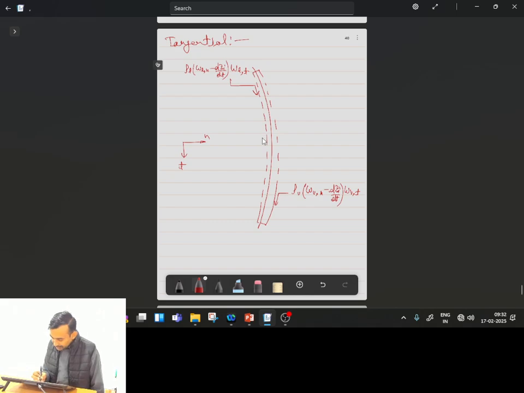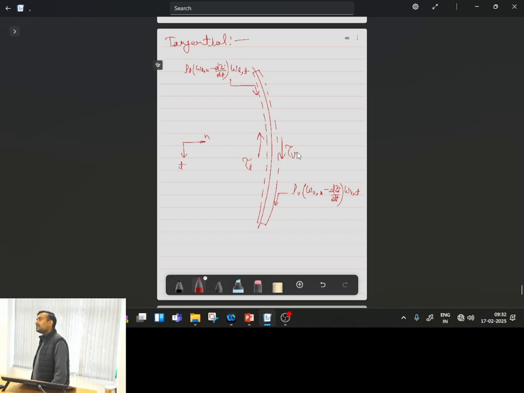So let me consider tau L as the shear stress in the tangential direction on the liquid side, and tau V as the shear stress on the vapor side. Anything else?